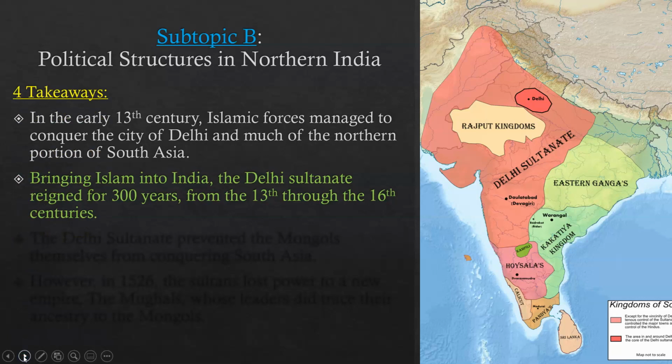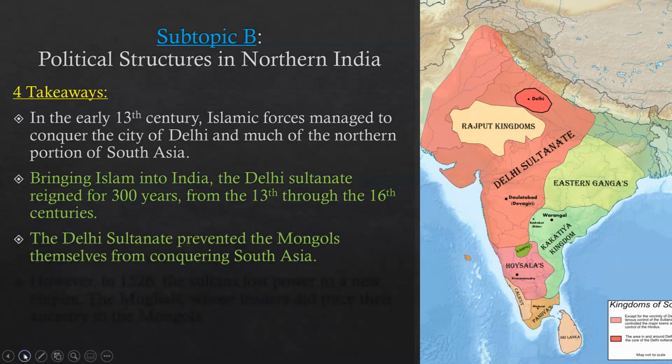Okay, subtopic B, political structures in northern India. I got 4 takeaways for you. In the early 13th century, Islamic forces managed to conquer the city of Delhi and much of northern South Asia. This brings Islam into India. The Delhi Sultanate reigned for 300 years, from the 13th to the 16th century.